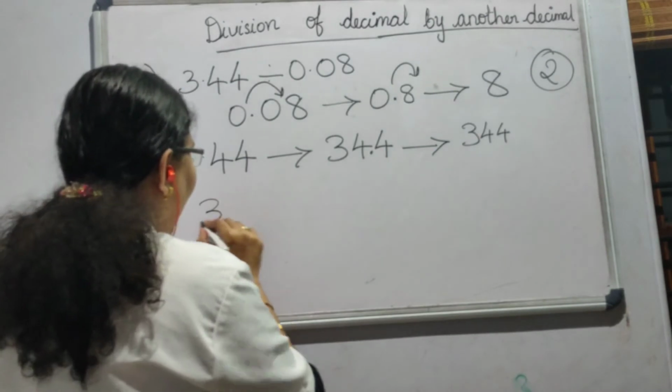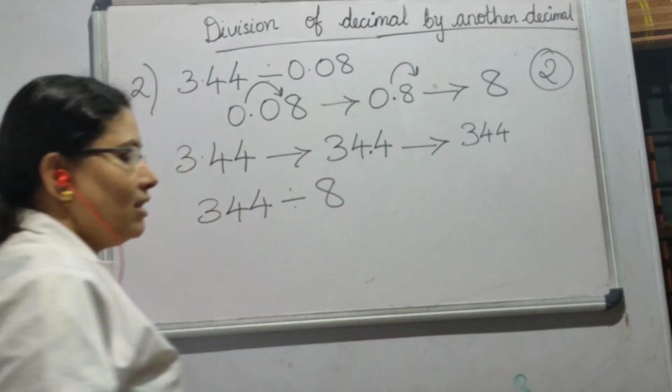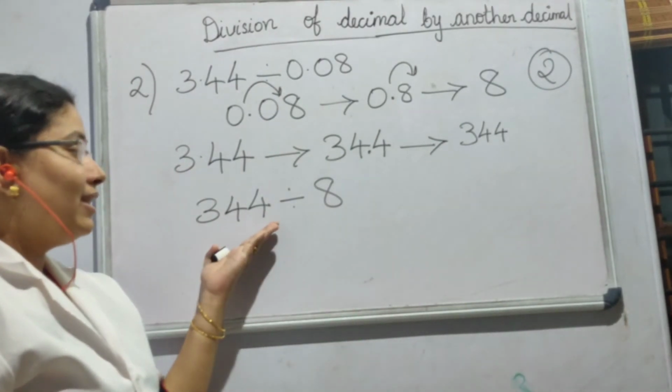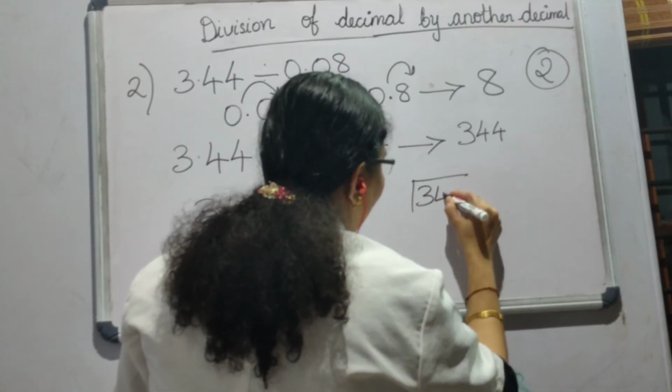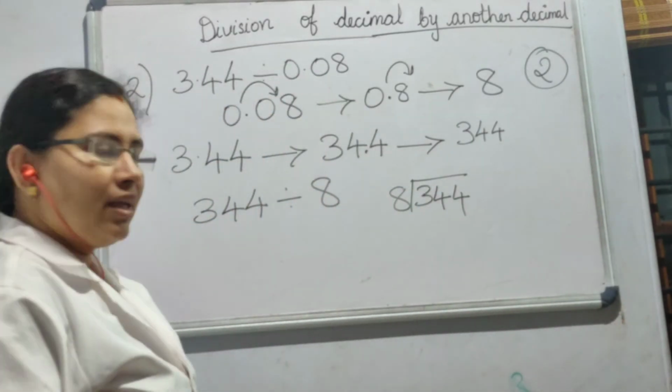So now 344 divided by 8. Now it is very easy because there is no decimal itself.